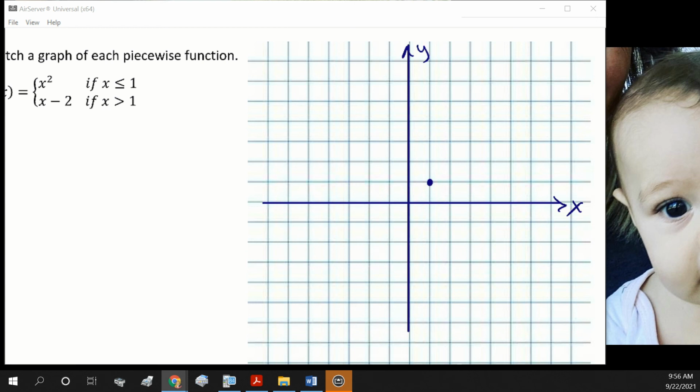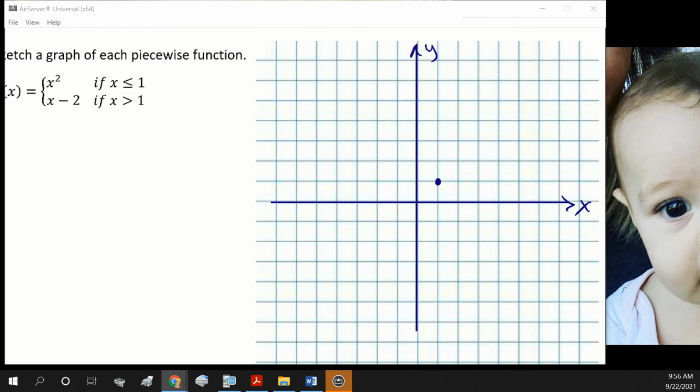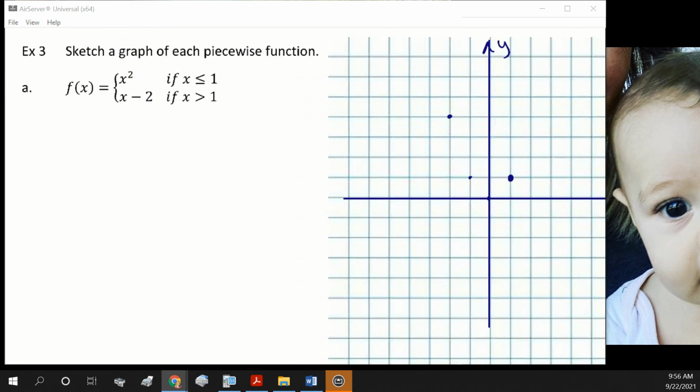What if I plugged in 0? It would be 0, 0. What about negative 1? Negative 1 squared is 1. What about 2? Sorry, negative 2. It'd be 4. So all I'm doing is plugging in numbers to the left of 1.